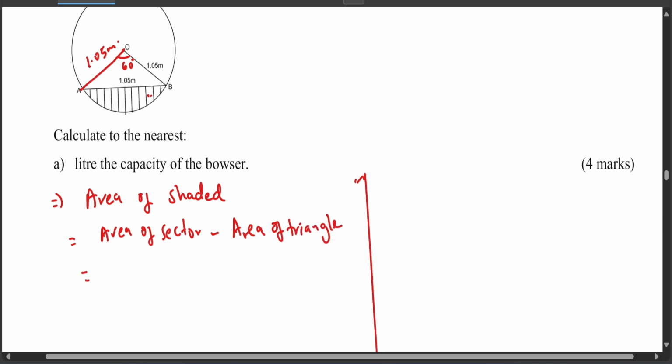Area of sector is given by theta over 360 times r squared. Area of a triangle is given by half AB sine theta, so the theta is the same as that of the sector.